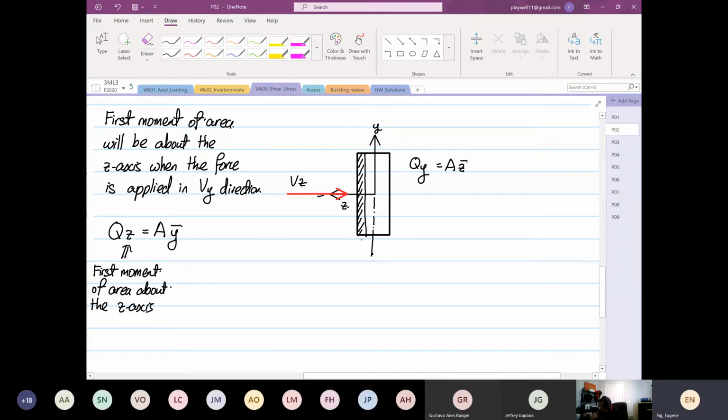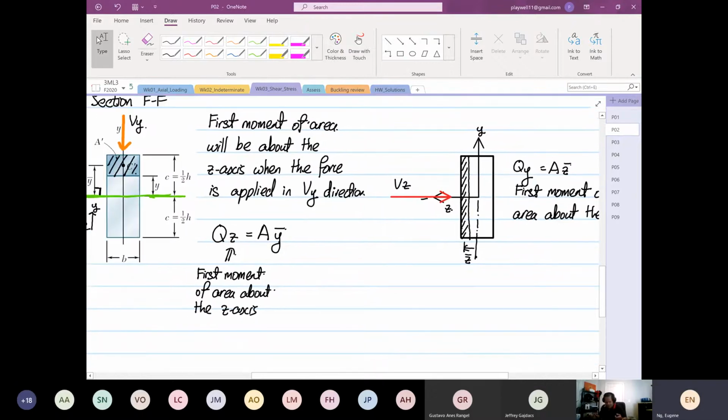So z bar is in this direction. This is your z bar. Again, this is the first moment of area about the y-axis. Okay, right? So that is first moment of area.